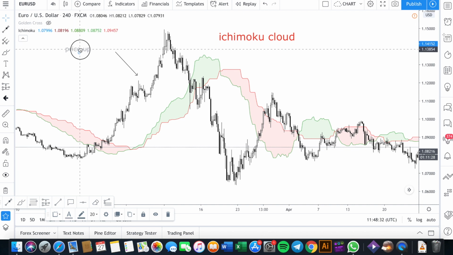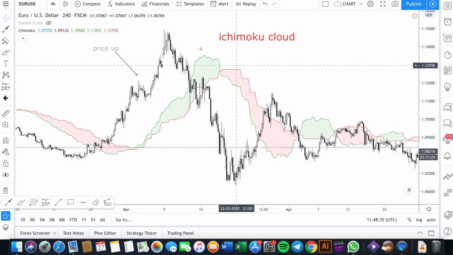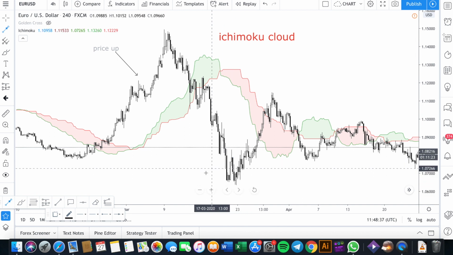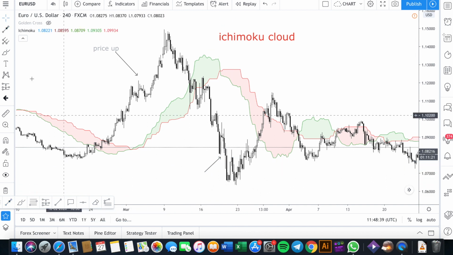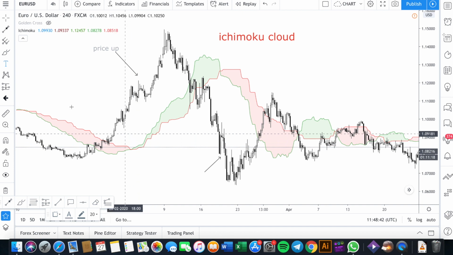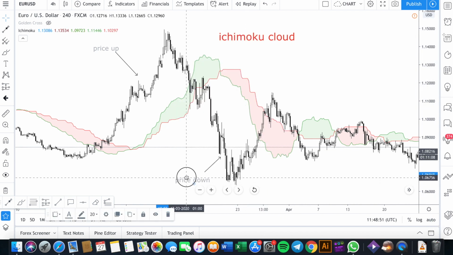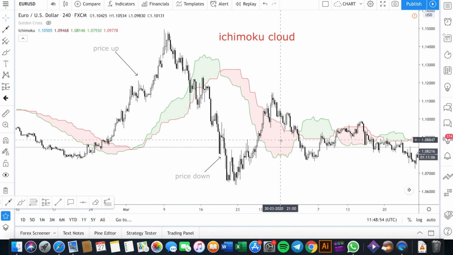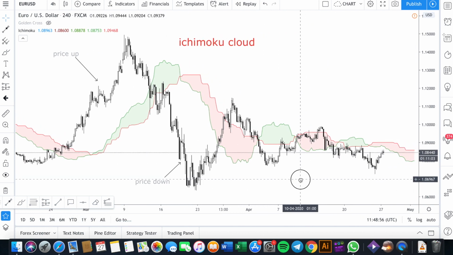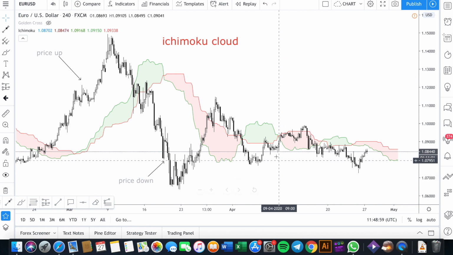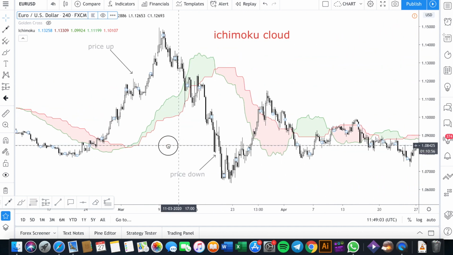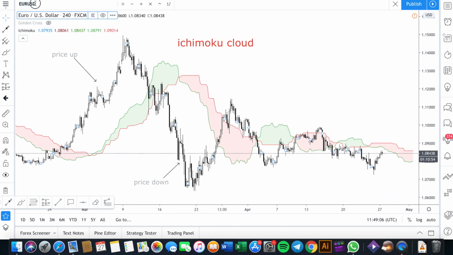Now the price is going up because, as you see, we have a green cloud, and here we have a red cloud, which means price is going down. So you can spot the cross between the two lines that gives us these clouds. Every cross means that the market is going to change its direction.